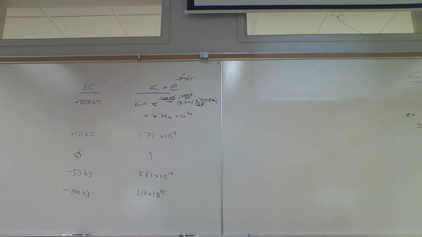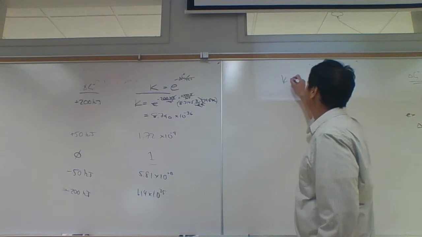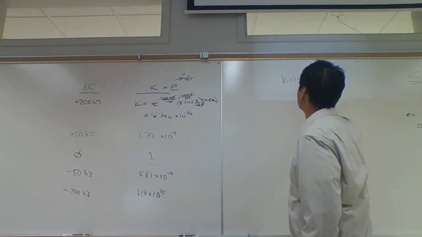What's the standard concentration? 1 molar. There's a standard concentration of 1 molar. Do you guys remember 1.486? 1.486 is the number we came up with. K is equal to 1.486.